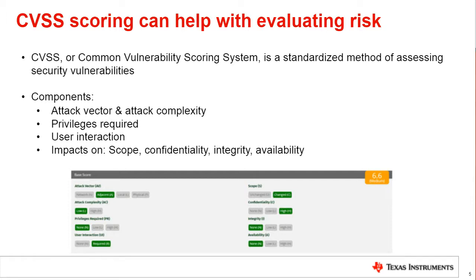Does it impact confidentiality of data, integrity, the availability of data or the system? All of those feed into how severe the attack might be. So there's a lot of resources online for learning more about this scoring system. It's something you'll probably see in the industry, and it can help you with evaluating risk.